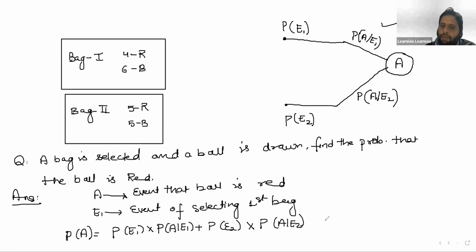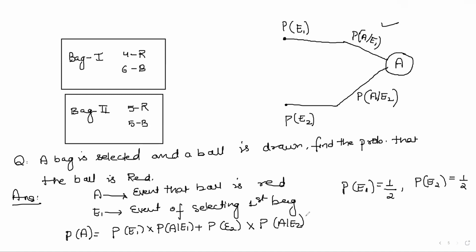Now, what will be the probability of E1? E1 means selecting the first bag. So you have two bags. Probability of selecting the first bag will be 1 by 2. What will be P(E2)? 1 by 2.